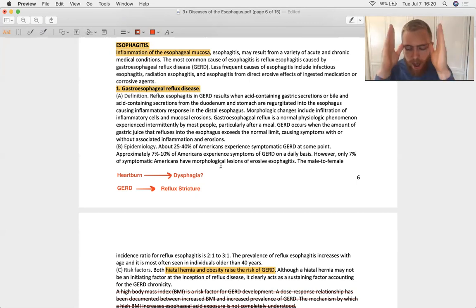And remember, I used the term, what was it? Hyperplasia, reactive hyperplasia. That's what's going on here. Your esophageal mucosa gets splashed with acids, and then it has a reactive hyperplasia, and the cells of your mucosa multiply, and they narrow as they multiply because they're growing. There's more cells.